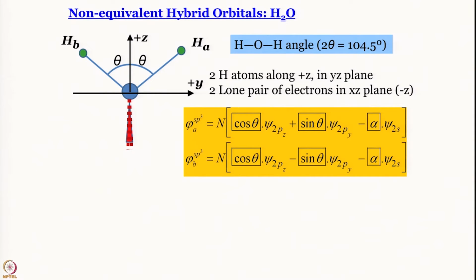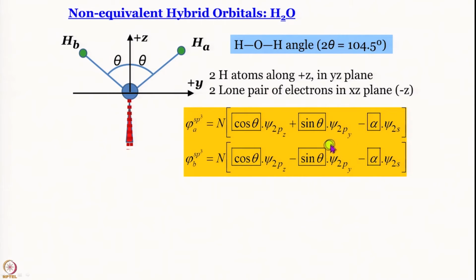You might remember that the very first expression we had written for hybrid orbitals involved cos theta and sin theta. Here also we write like that. We say that the 2 hydrogen atoms are named HA and HB. So, the sp3 hybrid orbital used to form a bond with A, well, this is not really sp3, notionally sp3 I am writing like that, but I might as well have just written phi A. So, phi A is given by: the contribution of Pz, the angle between the Z axis and this hybrid orbital is theta, so the contribution of Pz has to be proportional to cos theta.